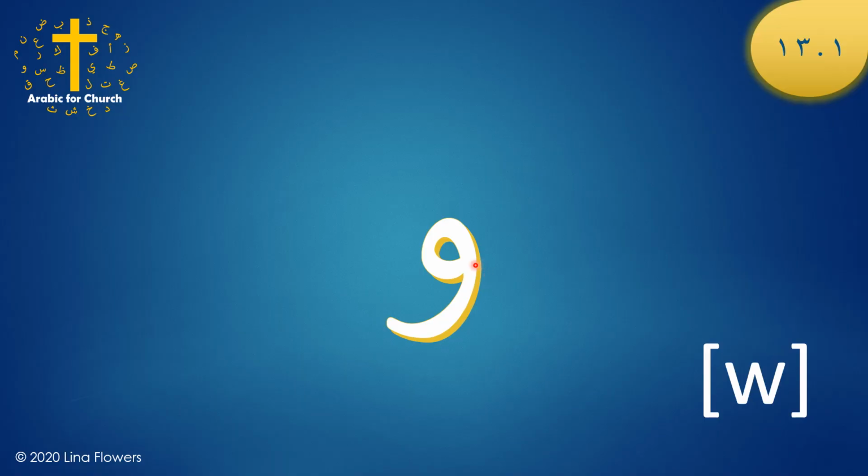And it starts with a little round shape, and then it carries on as a Ra shape. Waw is one of the semi-vowels that we talked about in lesson 1.1. If you remember, we said the letter Alif is a semi-vowel in that it has both a consonant sound and a vowel sound. Waw is the same, and the consonant sound of Waw is W.